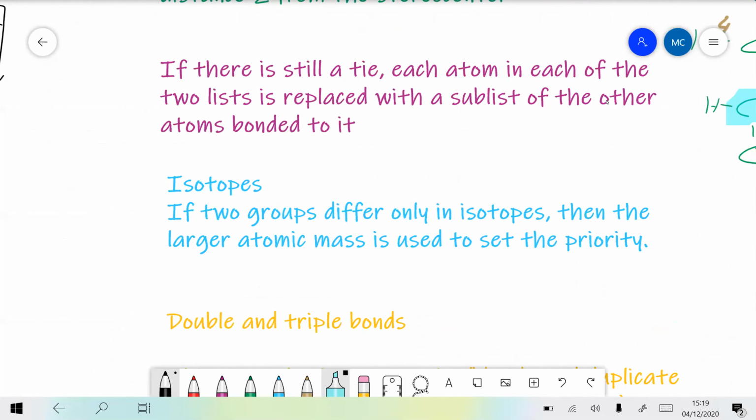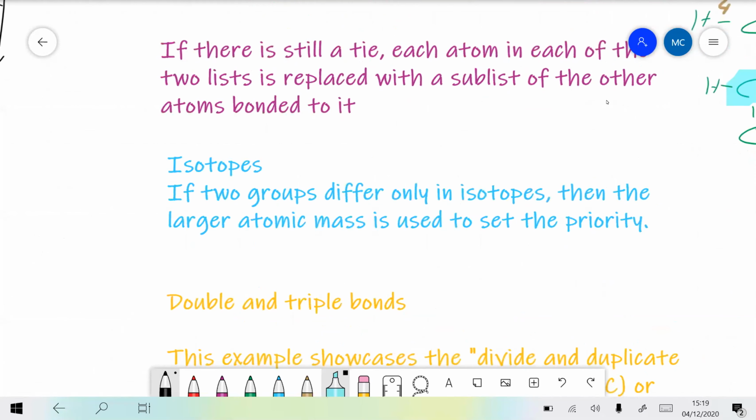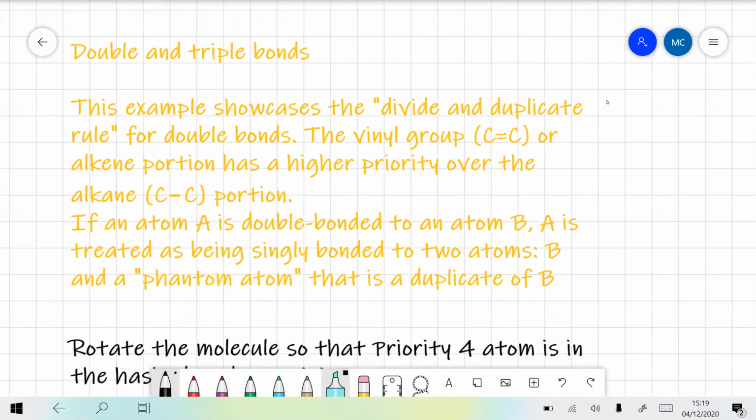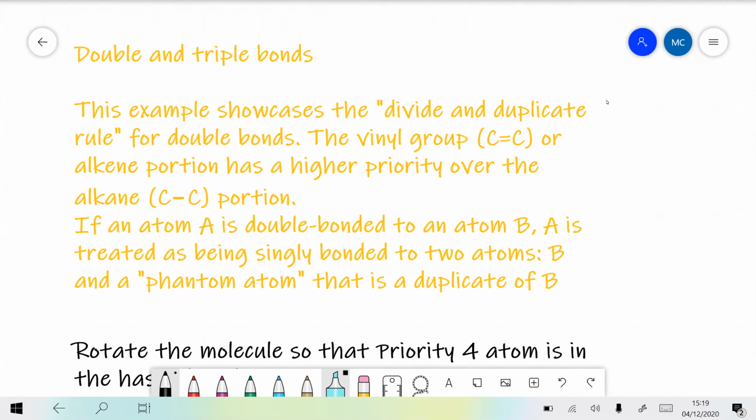If we have isotopes, okay? Remember, let's say you have deuterium and hydrogen. Deuterium has higher priority because it has an atomic mass of 2 and not of 1. And if you have double or triple bonds, for example carbon connected to 1 oxygen, we will repeat the carbon and oxygen.